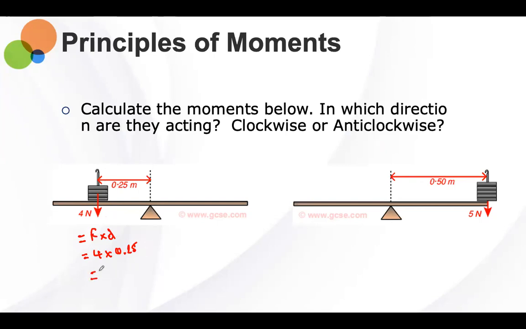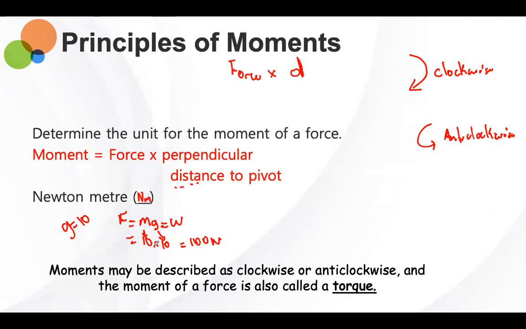And what do we get? 1. So we get 1 newton meter clockwise, and that's our unit. Remember, newton meters.